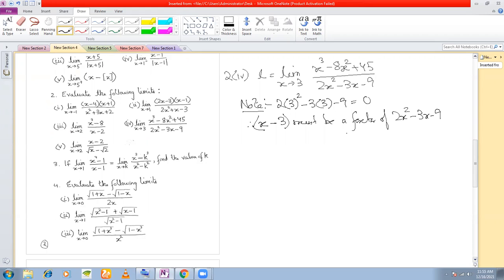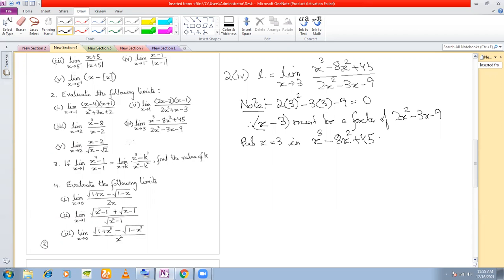Now you will check the numerator also, whether x minus 3 is a factor of the numerator also. However, it does not actually matter, but still, because if x minus 3 is a factor of this, then you can factorize the numerator also, and then you can cancel x minus 3 from the numerator and the denominator.